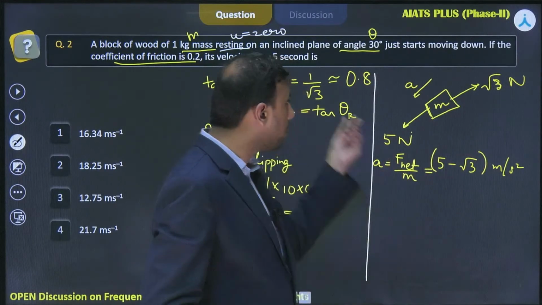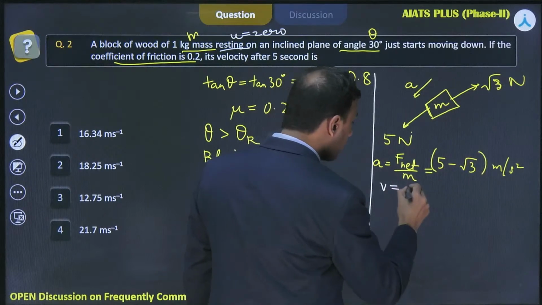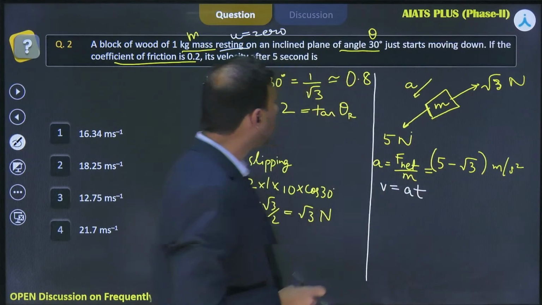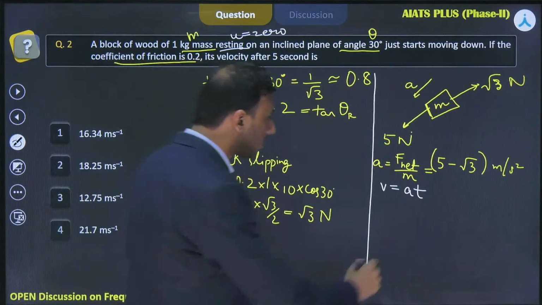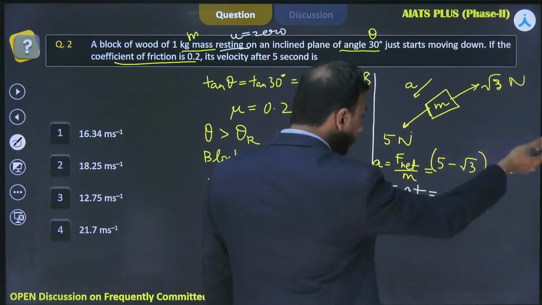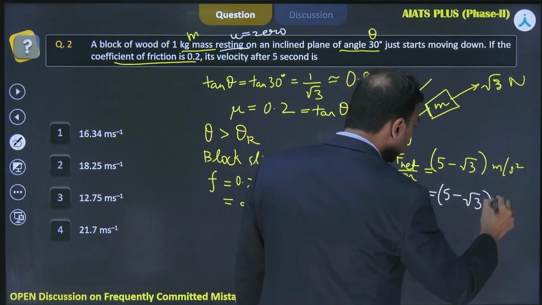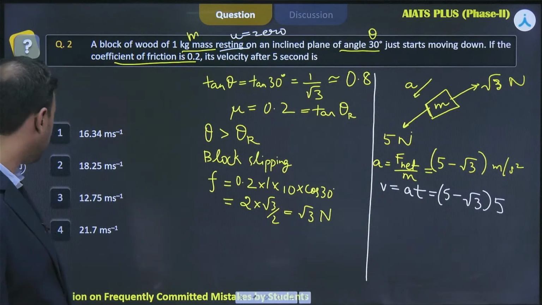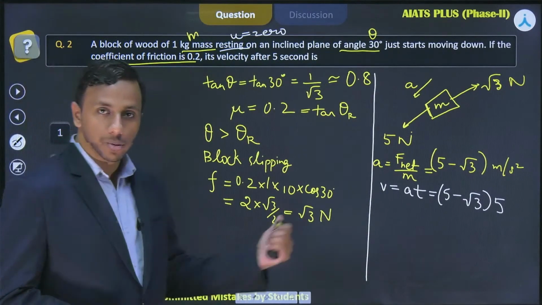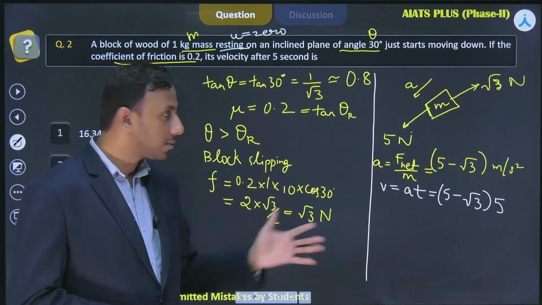So v is equal to u plus, u is 0, so v would be nothing but a into t. And after how much time do we have to find out? 5 seconds, right? So this into 5. You can solve it and you will get your answer. We have to find velocity after 5 seconds, that's all.